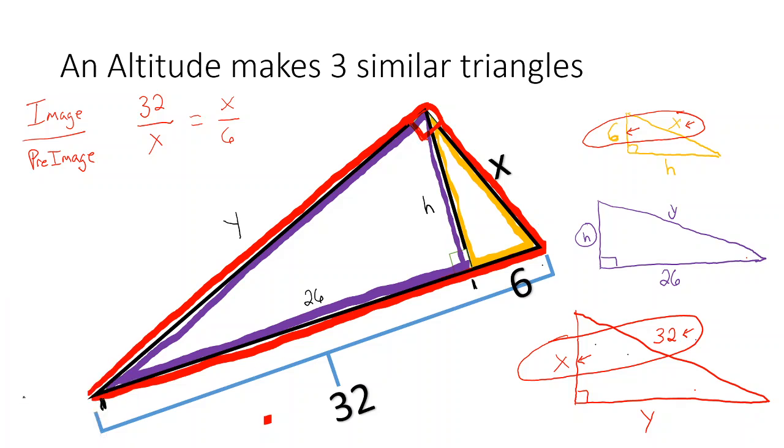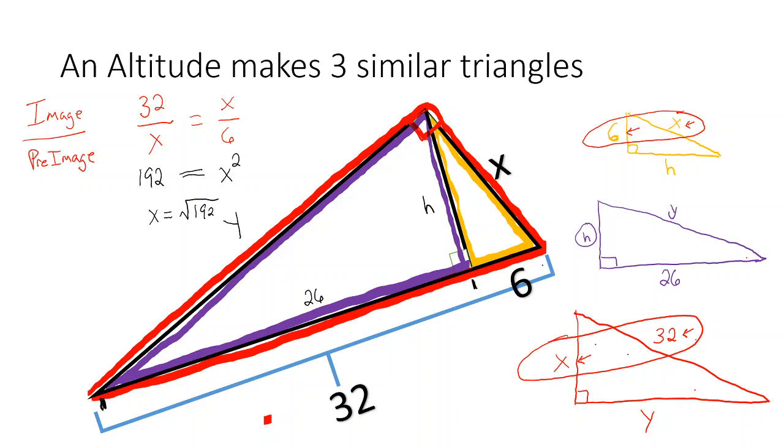And when I cross multiply, we get 32 times 6, which is 192, and x times x is x squared. So my solution would be x equals the square root of 192.